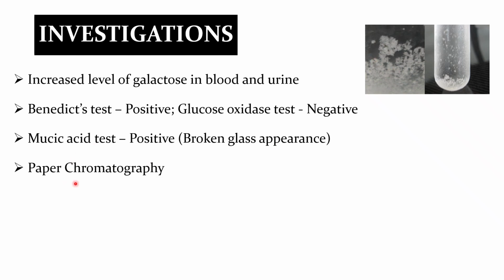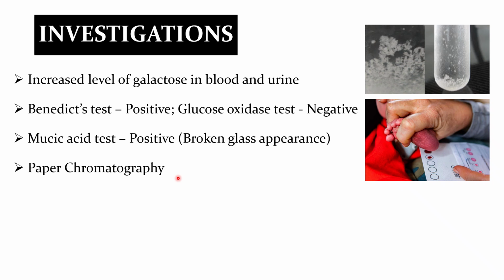Paper chromatography is a technique used for separation of carbohydrates. Thus it can be used to separate galactose and hence to diagnose galactosemia. This is a dried blood spot. We cannot take a huge amount of blood from a newborn.